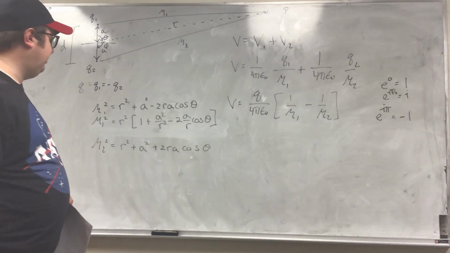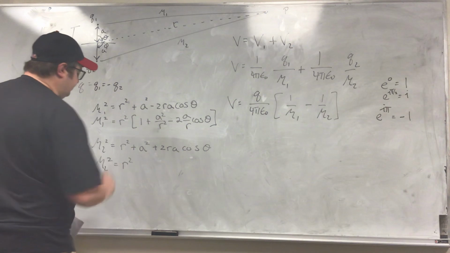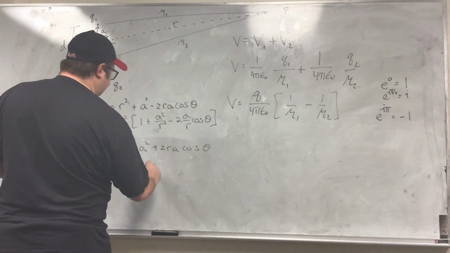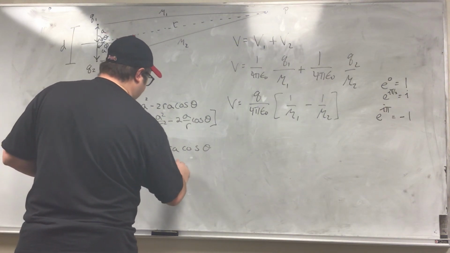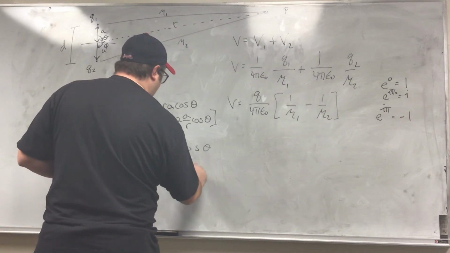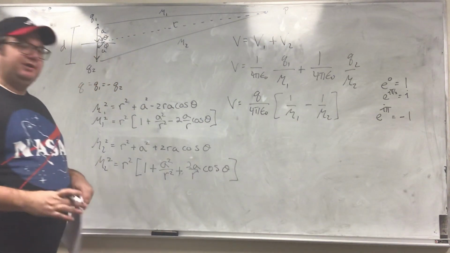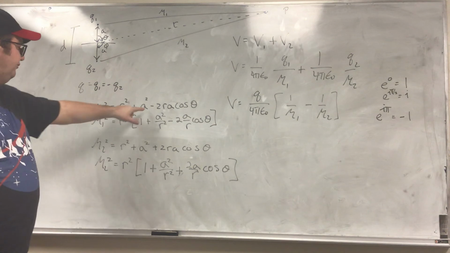And if we do the same thing for script r2, we get r squared times 1 plus a squared over r squared, now plus 2a over r cosine theta.